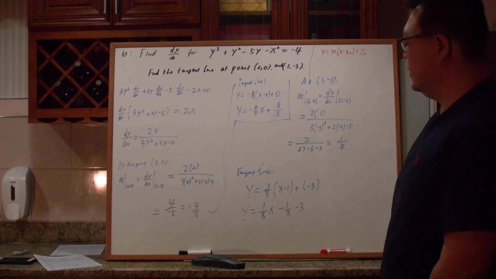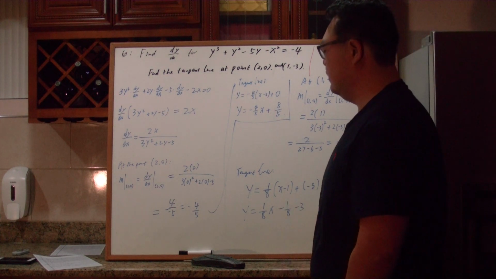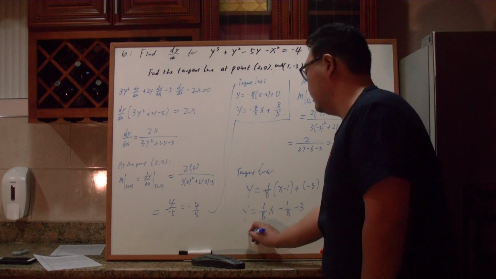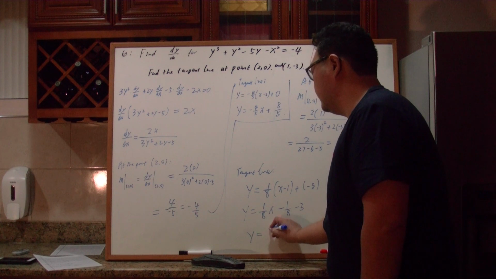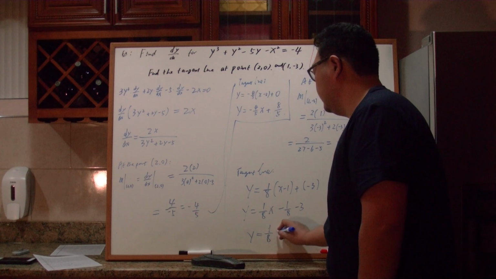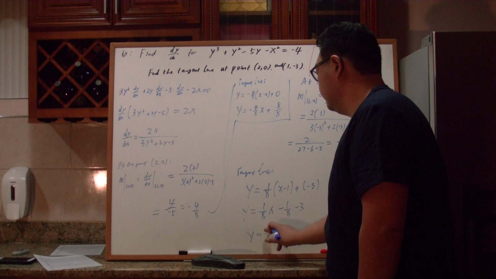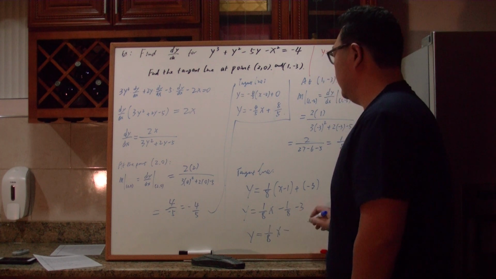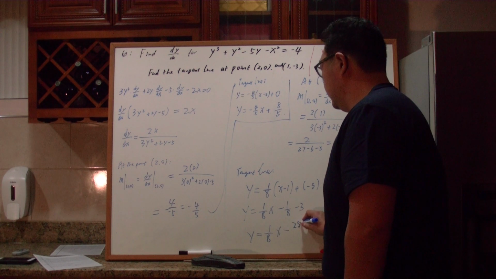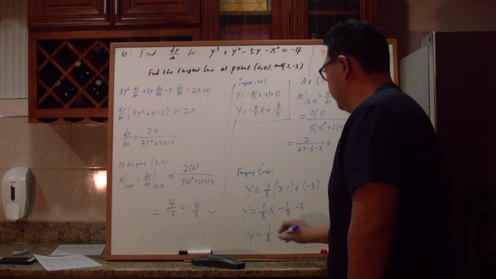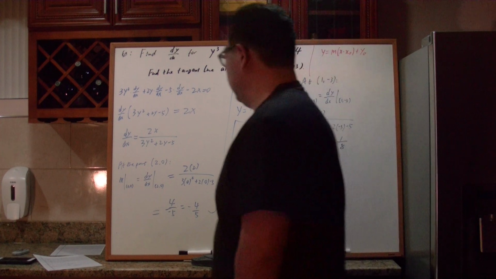I will distribute and find the common denominator to combine them together. That's negative 25/8.